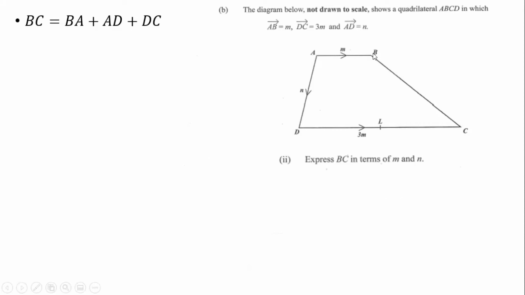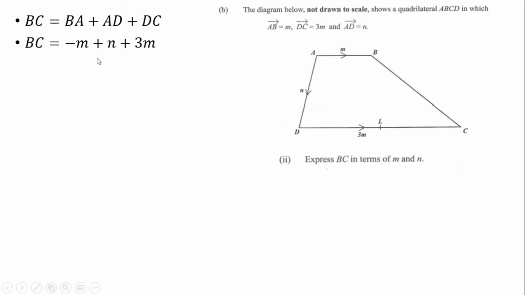So now if we're looking at BA, this M will now take on a negative sign, as it is now going in the opposite direction, from B to A. So we'll get negative M plus N. A to D is represented by N, and D to C is represented by 3M.